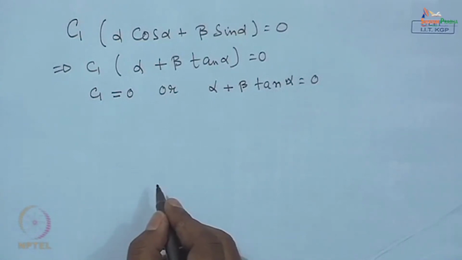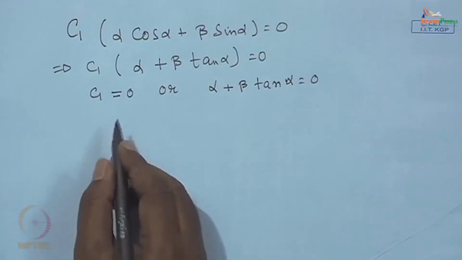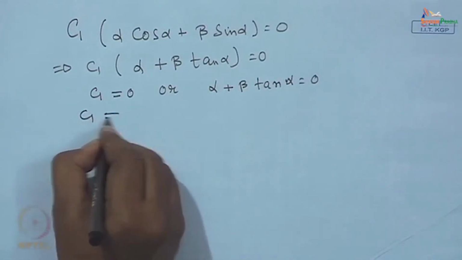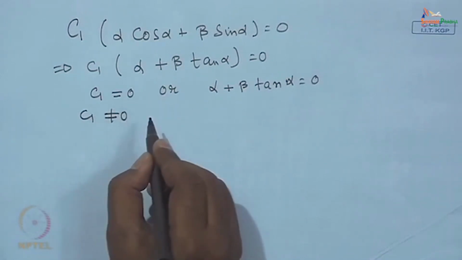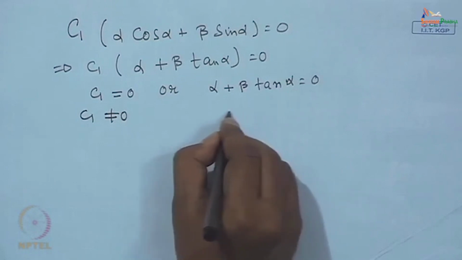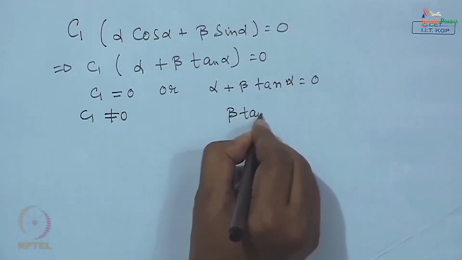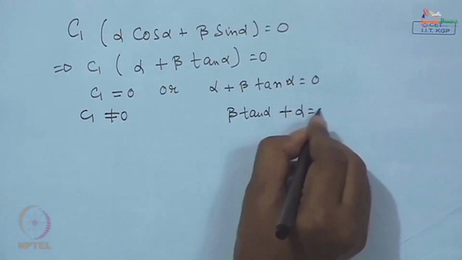Now, if C 1 is equal to 0, again we are going to get a trivial solution, because the solution, if you remember, is in the form y is equal to C 1 sin alpha x. So C 1 cannot be equal to 0, because then we get a trivial solution. So what is the option now left? Beta tan alpha plus alpha is equal to 0.